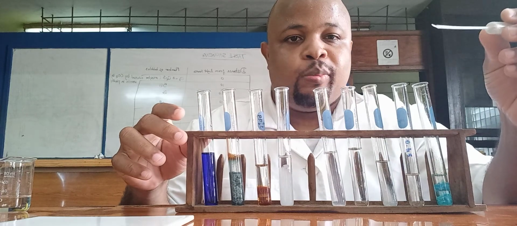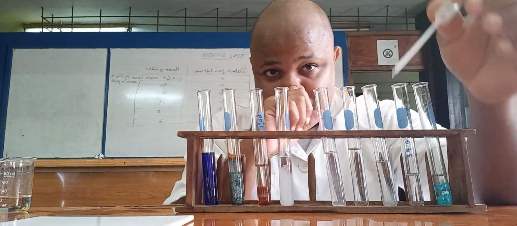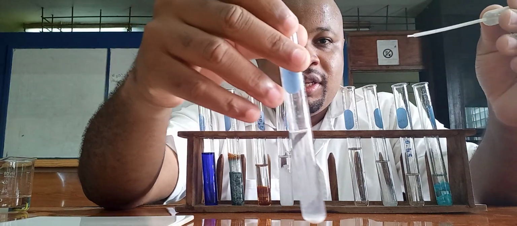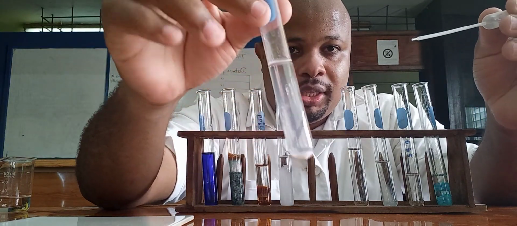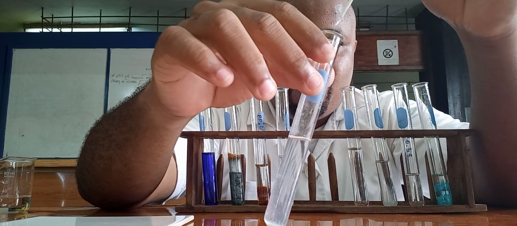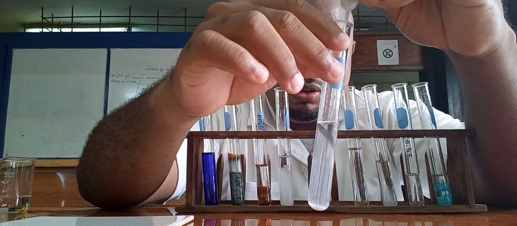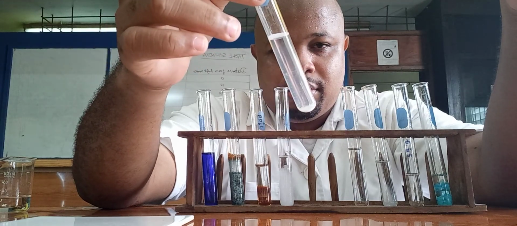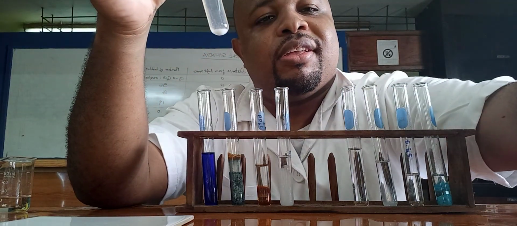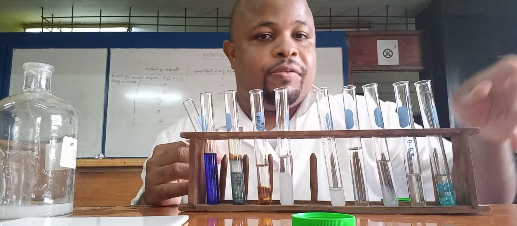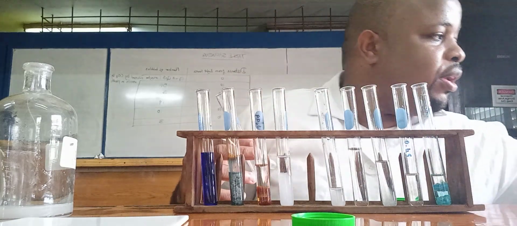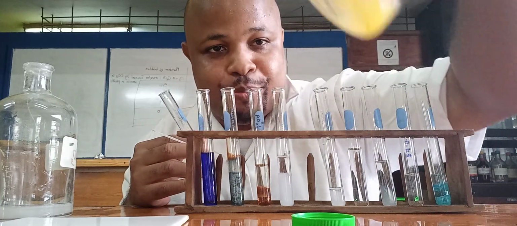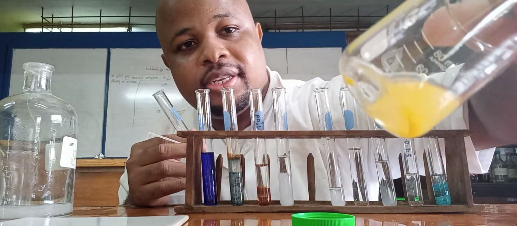Alright, so continuing now, I have the potassium iodide solution. So I'm going to add it to the solution with the lead ions, and we'll see what happens. Just a second. Alright, so for the lead ions, when you add potassium iodide, you're supposed to get a yellow precipitate like this.